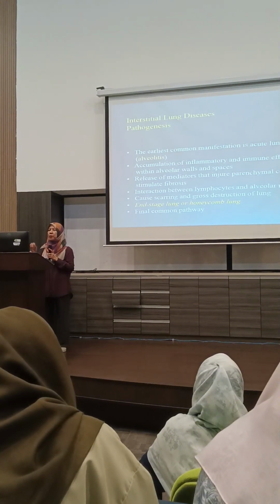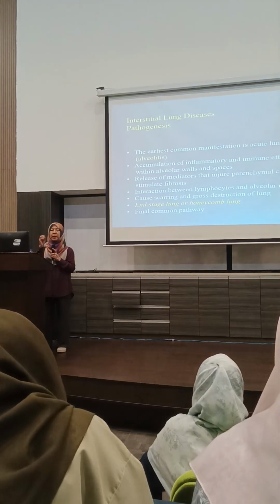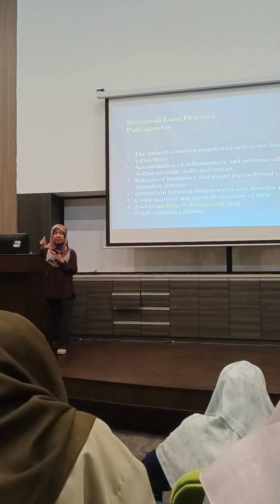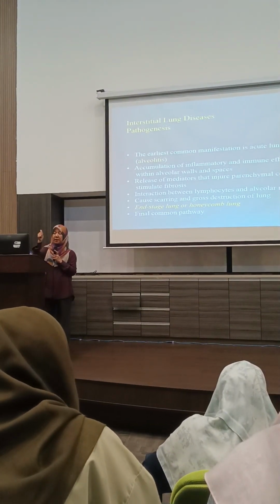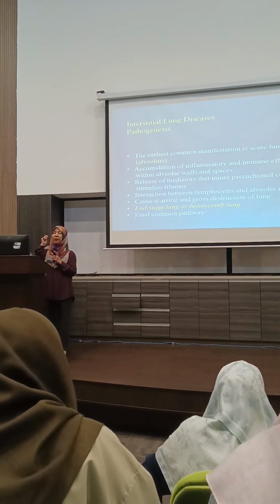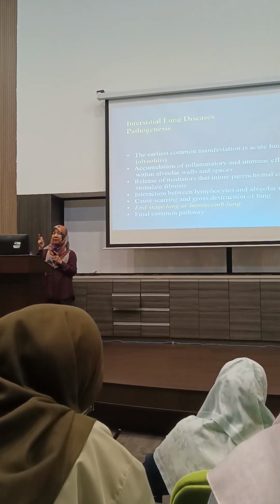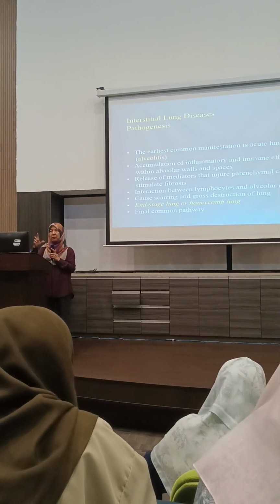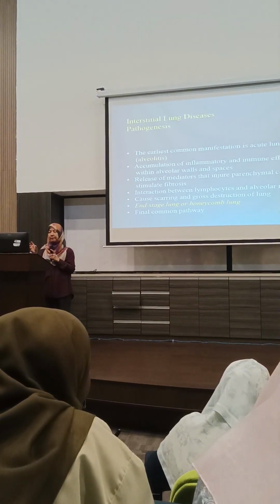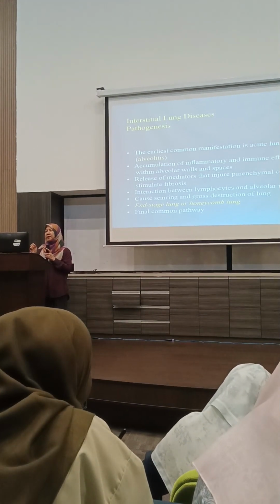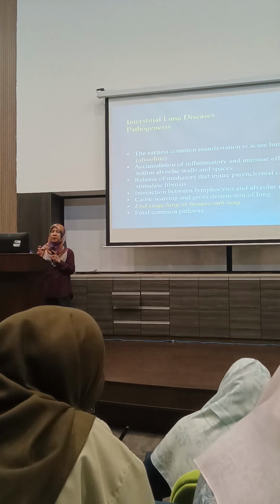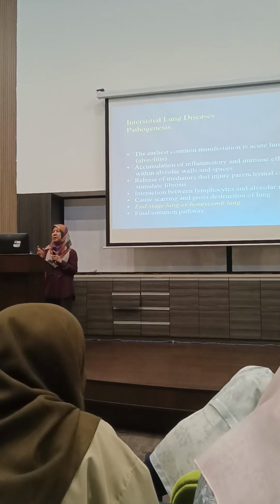The mediators will cause injury to whatever cells are around. What are the cells in the interstitial? First you have the pneumocytes, then the endothelial cells of the blood vessels, of the capillaries, and all the other supporting cells. What is critical here is injury to the pneumocytes and the endothelial cells.